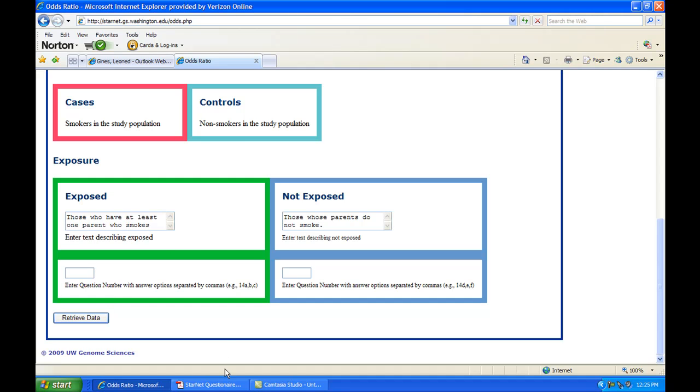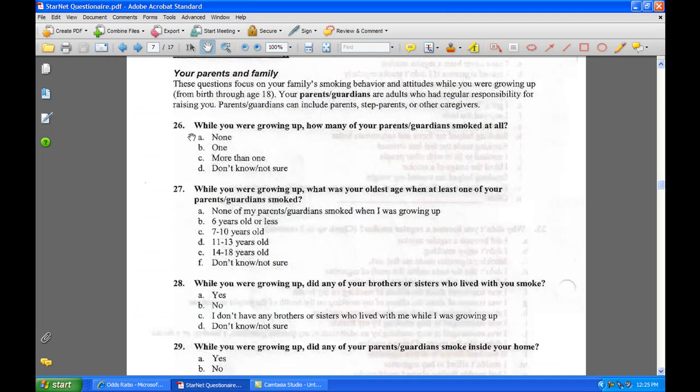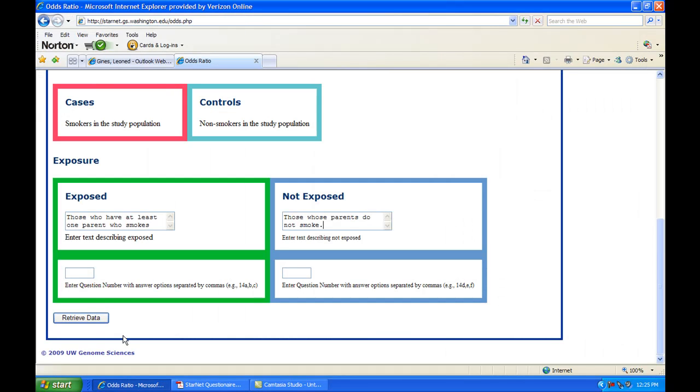If you look back on the questionnaire, question number 26, answer choices B and C reflect people who have at least one parent that smokes. So that's what you type in here. Those are the answer choices that correspond to your actual exposed. So it's question number 26, answer choices B and C.